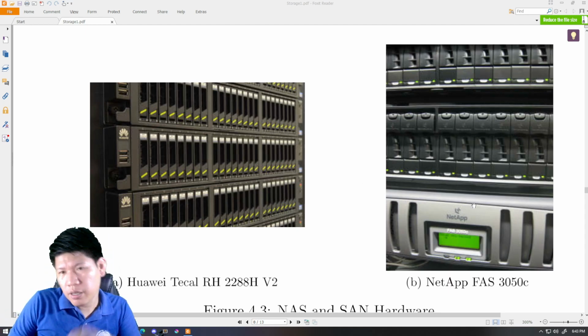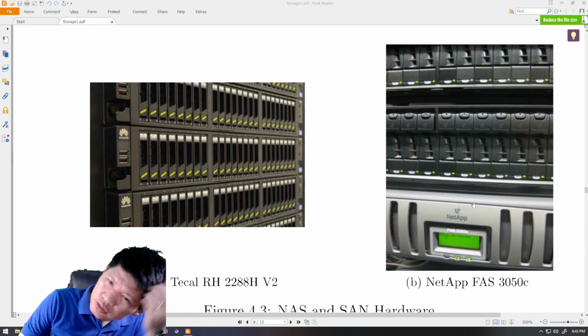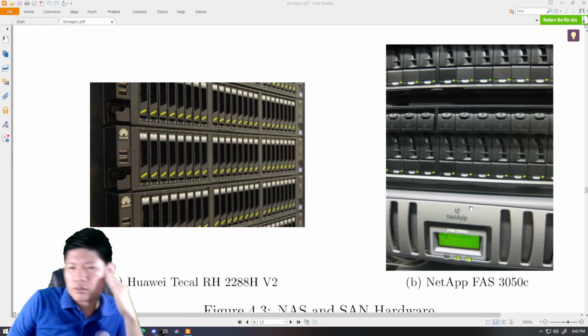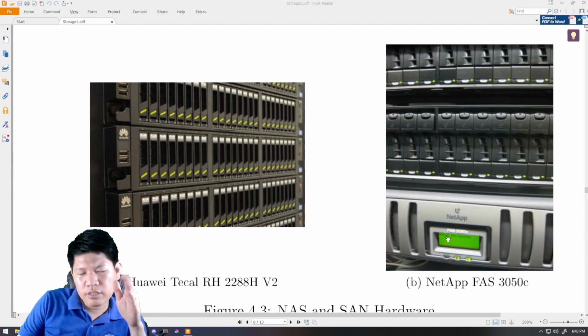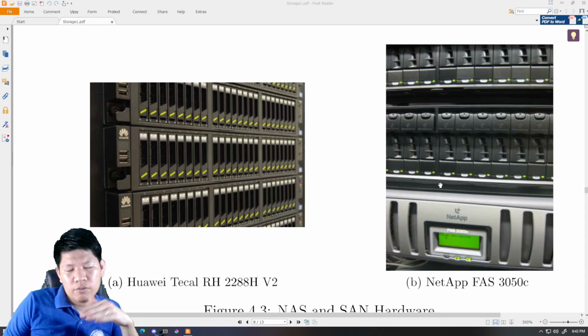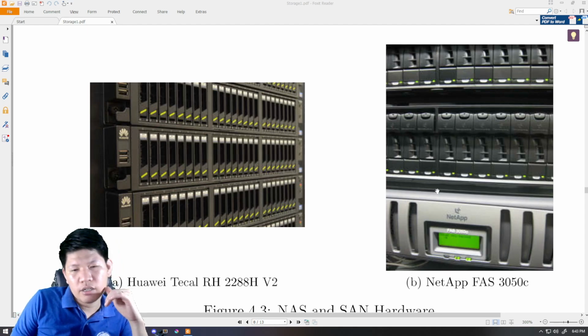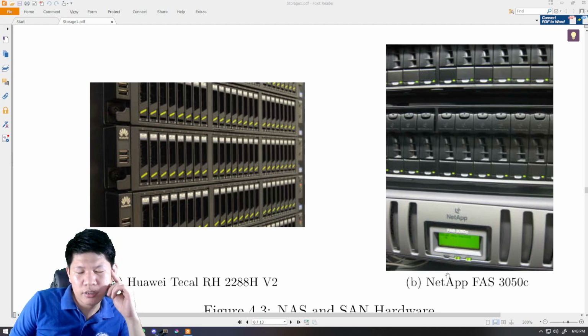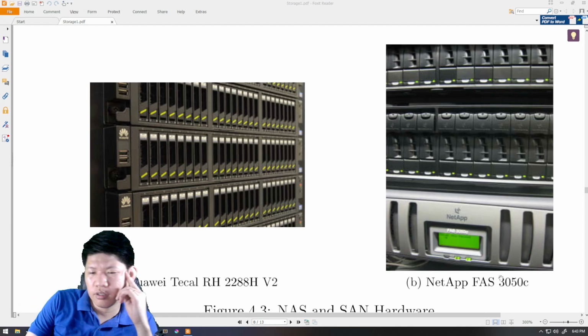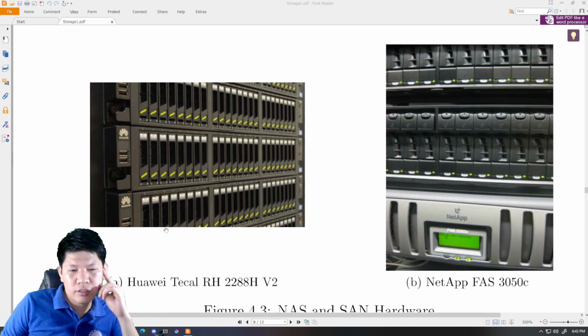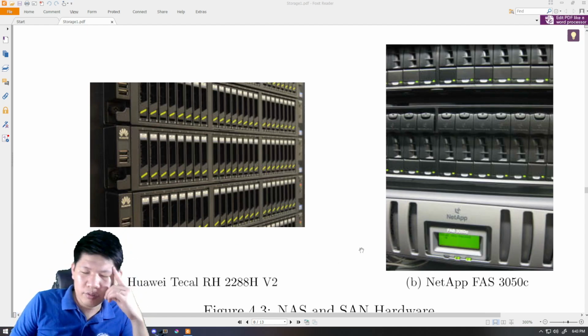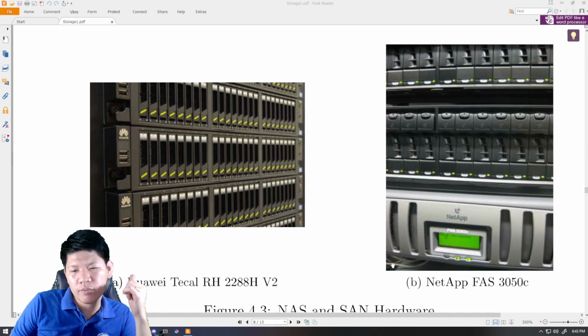On the right, this is a Dell PowerEdge that is designed horizontally rather than vertically.